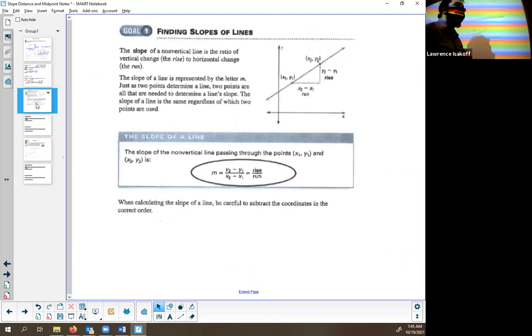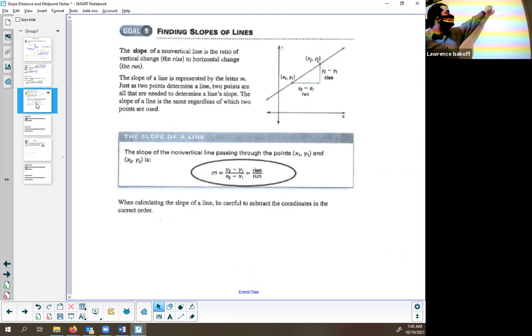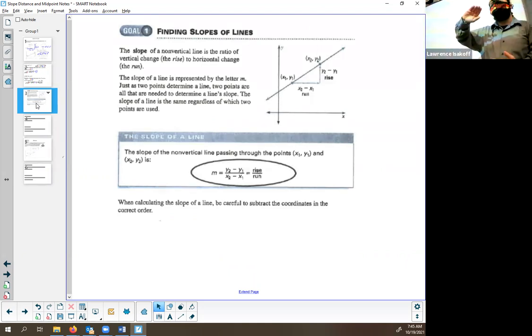The next formula we're going to look at is our slope formula. Slope is just the rise over run. Change in y over change in x. So to find the slope, remember when we did slope, when we were graphing, it's like, oh, my slope is 2/3.